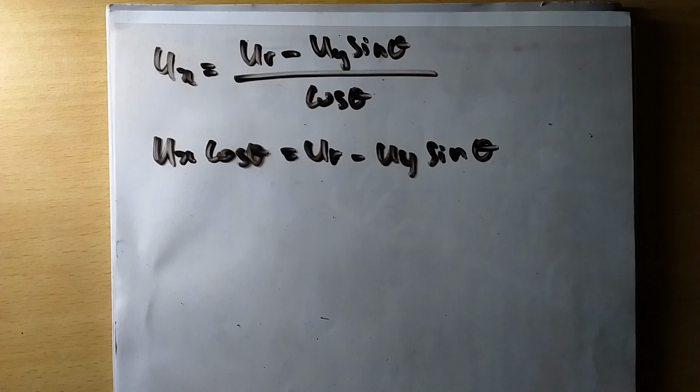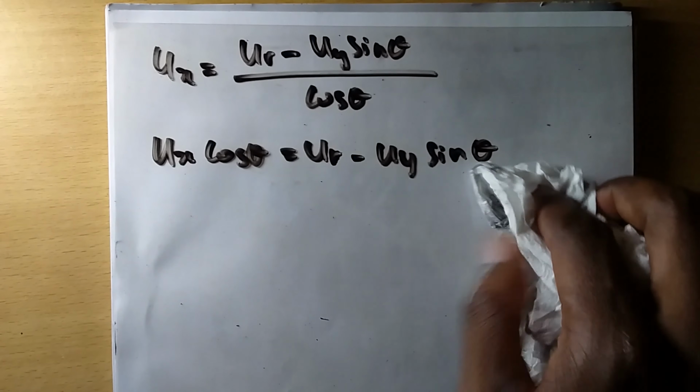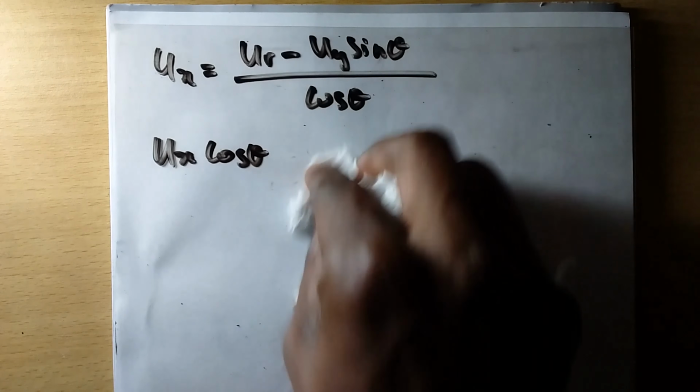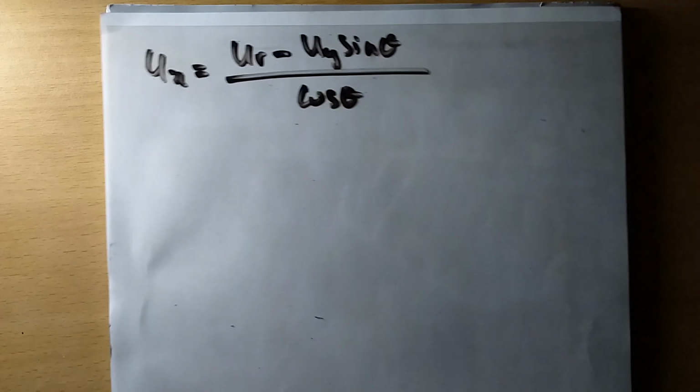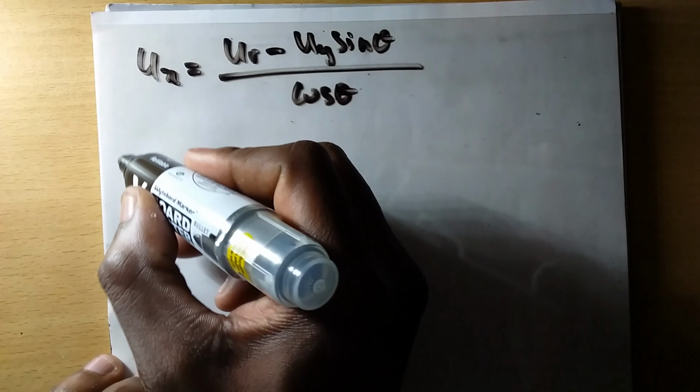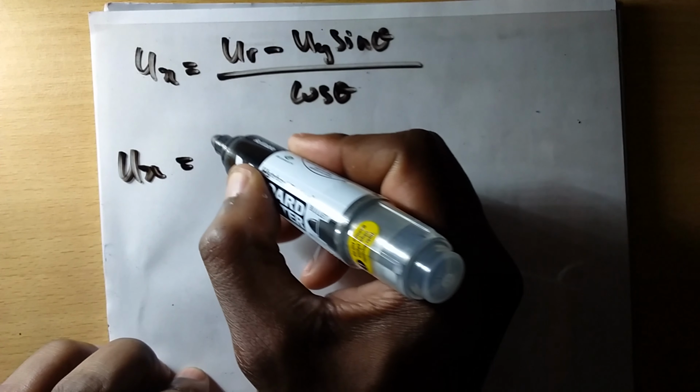Actually I just want U_x, so I don't need to make U_y the subject again. Sorry. This is just direct substitution.